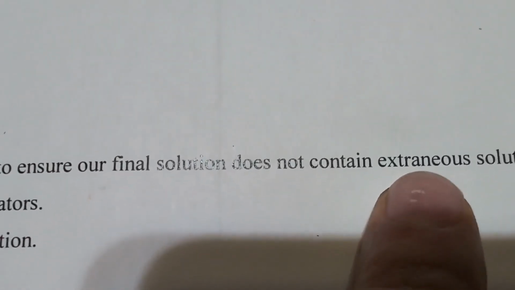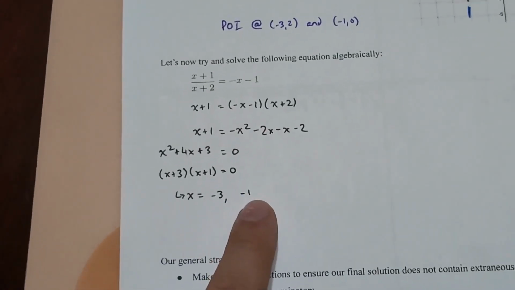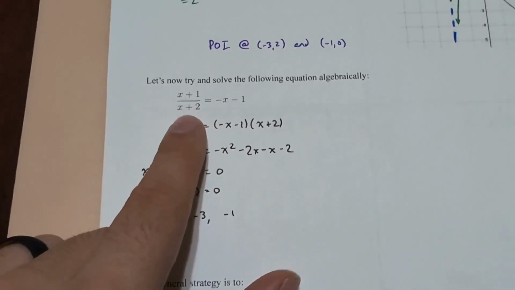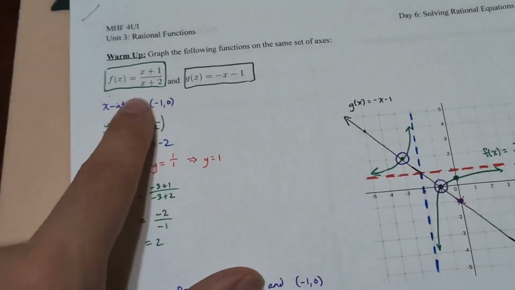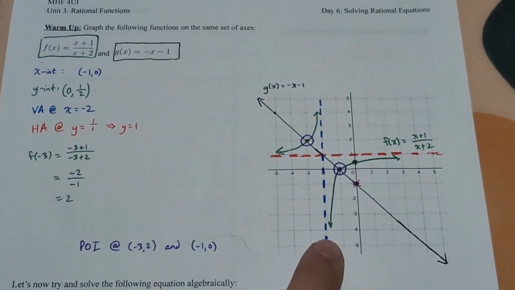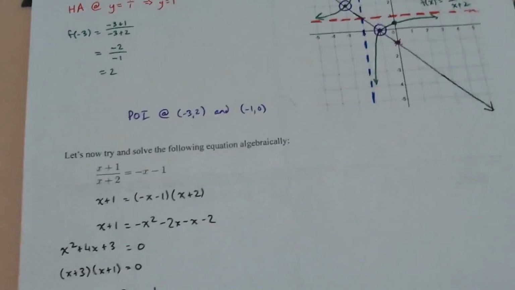So one example here would be if we got an answer of -2 somewhere here, that wouldn't make sense up here because that would have been a vertical asymptote in this function f of x. I wouldn't be able to have any x values at x equals -2, even if it ultimately solved there.